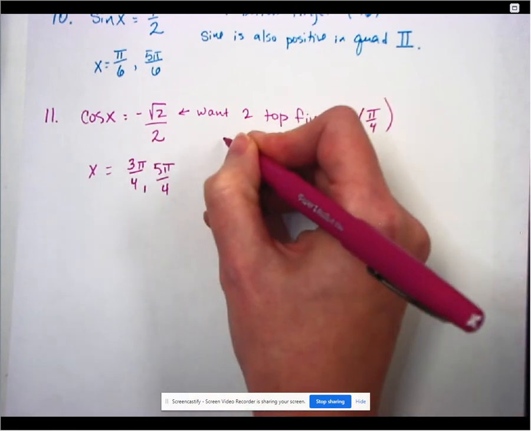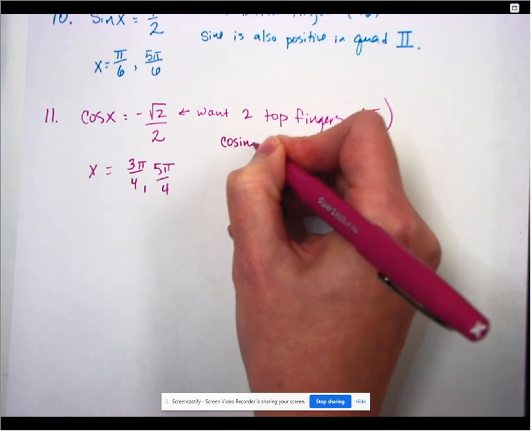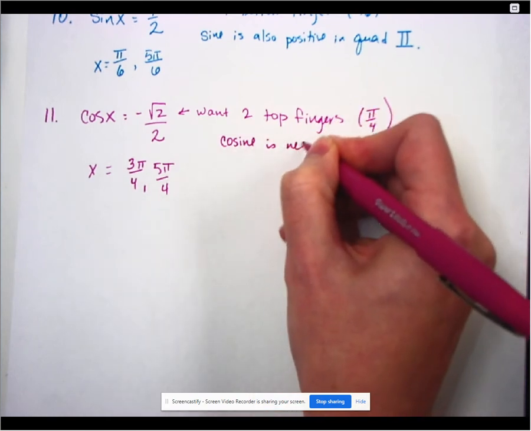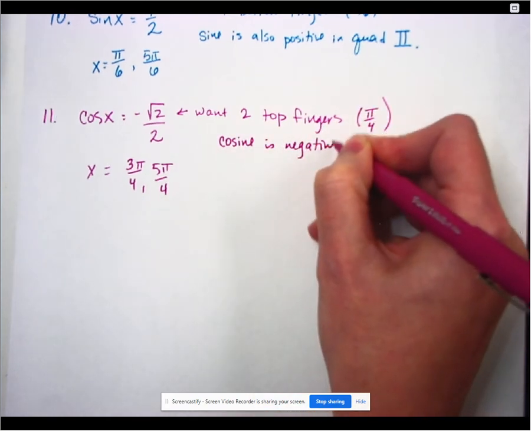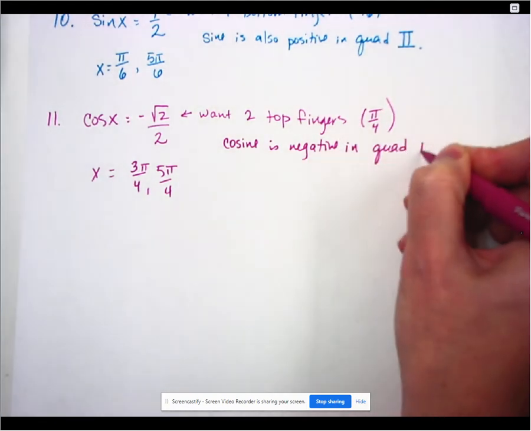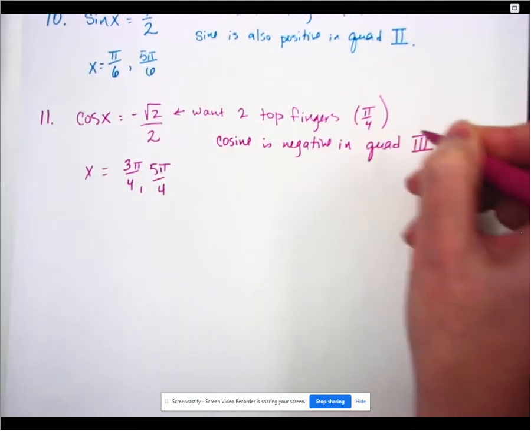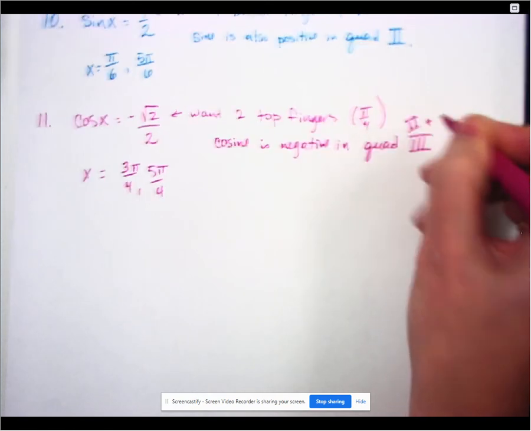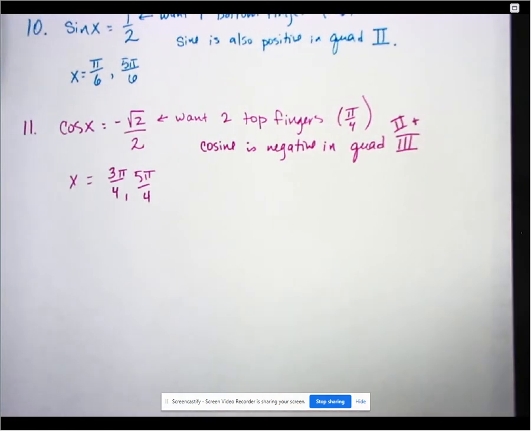I'm going to write a note that cosine is negative in quadrants 2 and 3. So we picked a pi over 4 angle in quadrant 2 and quadrant 3.